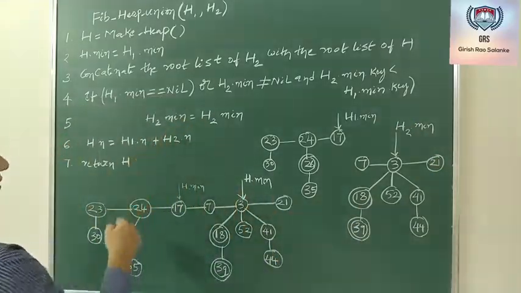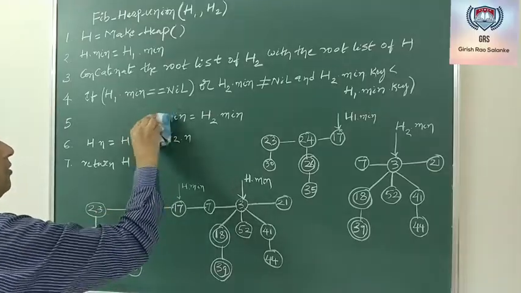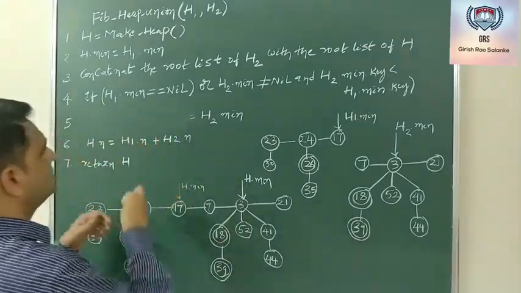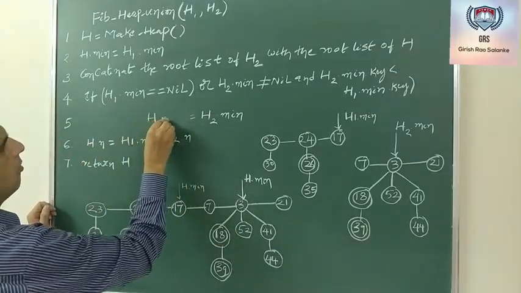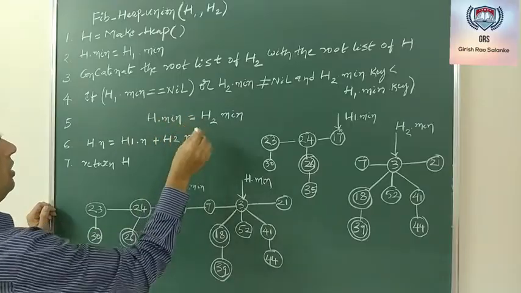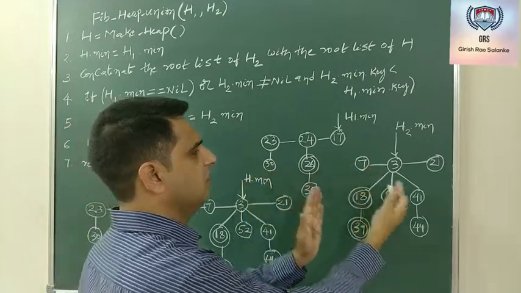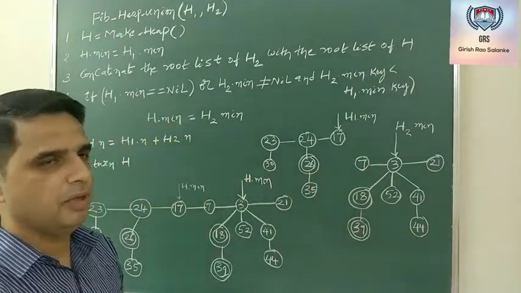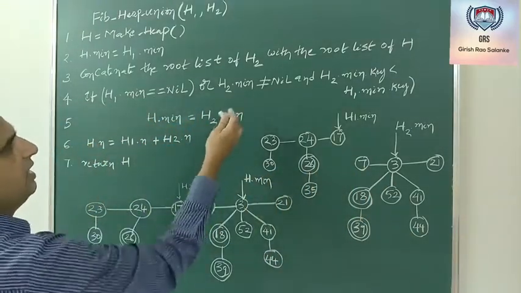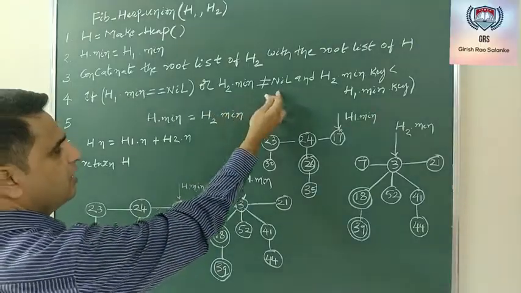Hence, this was a mistake. This is h dot min is h2 of min. In the sense, if the first Fibonacci heap does not exist, my second Fibonacci heap will be my final heap. Or the second case is h2 dot min is not equal to nil.